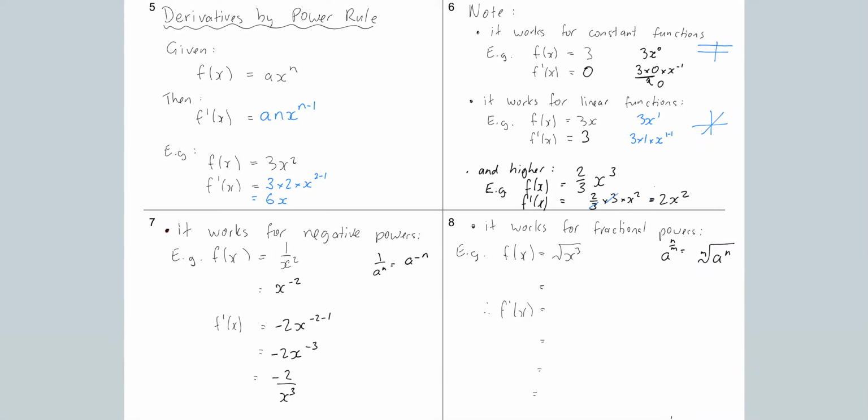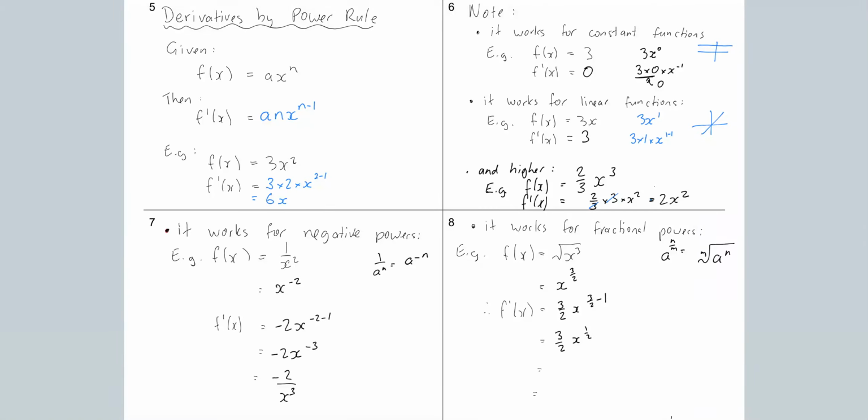And so I can rewrite that as x to the power of 3 on 2. So that means f dash of x is going to be 3 on 2. I'm bringing down the power, and then I'm going to subtract 1 from the power, like so, which I will just work through. So it's going to be 1 over 2, like so. So 3 over 2 minus 2 over 2 is 1 over 2.